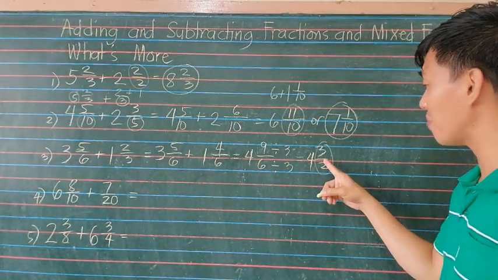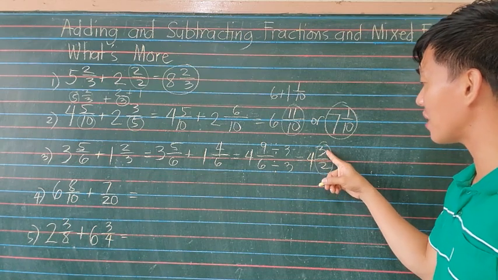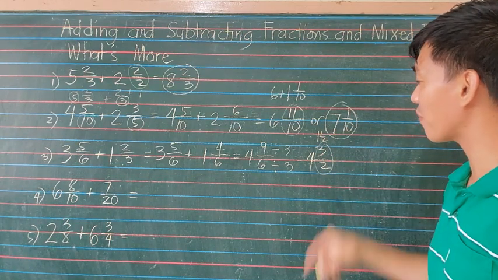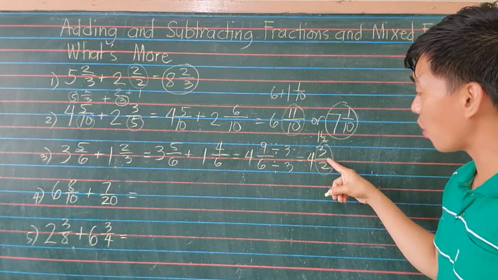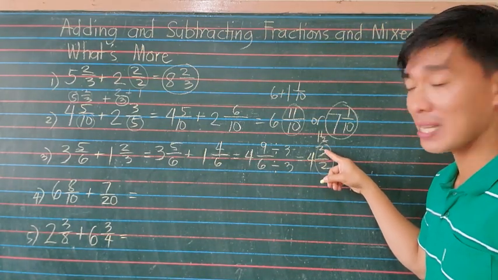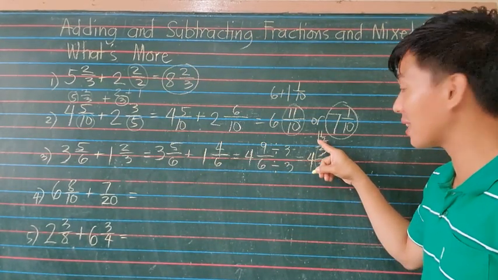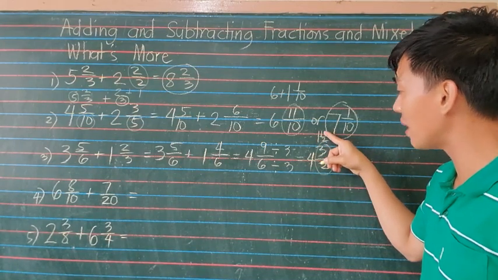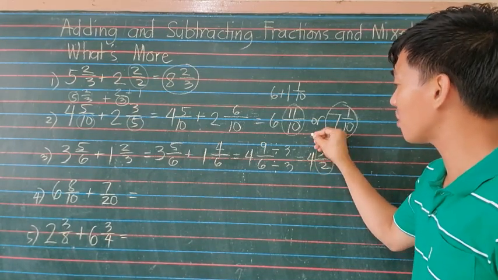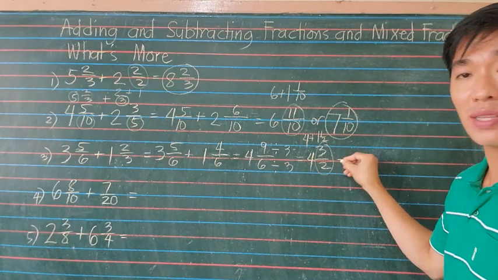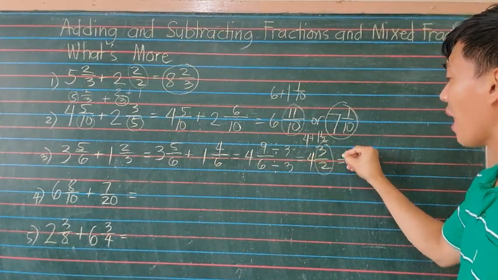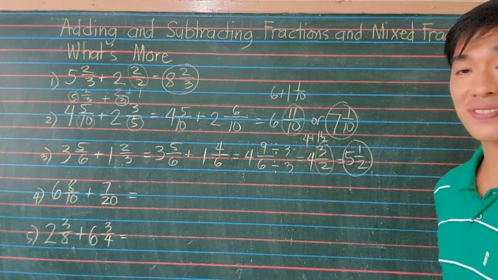So change it into mixed form. The mixed form of this is 1 and 1/2. There's only 1 two we can get from 3. Isa lang pong 2 ang makukuha natin sa 3. There's a remainder lang po na 1. So copy 2 as denominator. Then add 4. So, the final answer is 5 and 1/2.